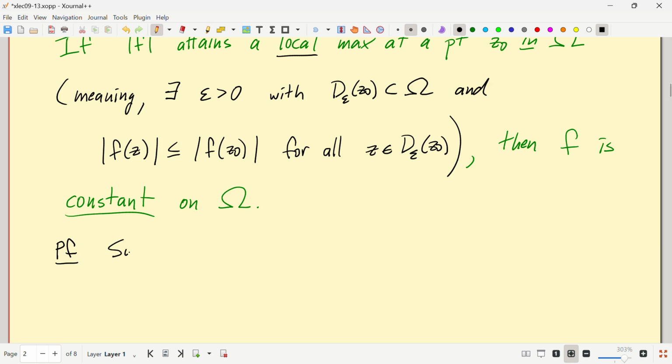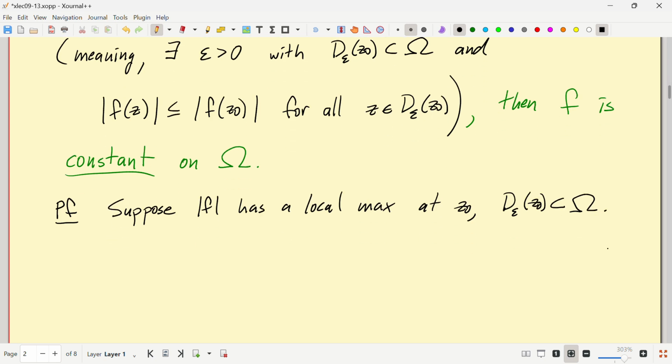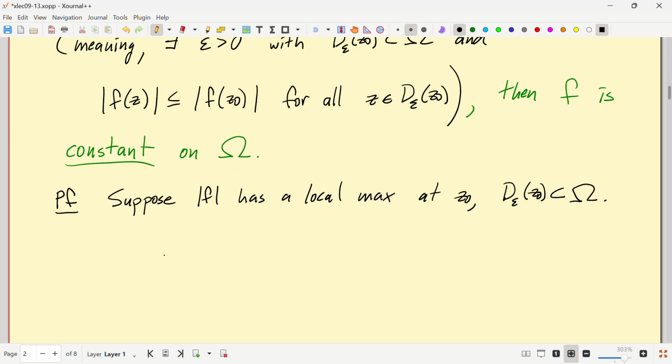Let's see, suppose mod f has a local max at z naught, and we've got this little disk about z naught of radius epsilon contained in omega. Well, then when I do the averaging property, let's say I would have that f of z naught is equal to 1 over 2 pi the average.